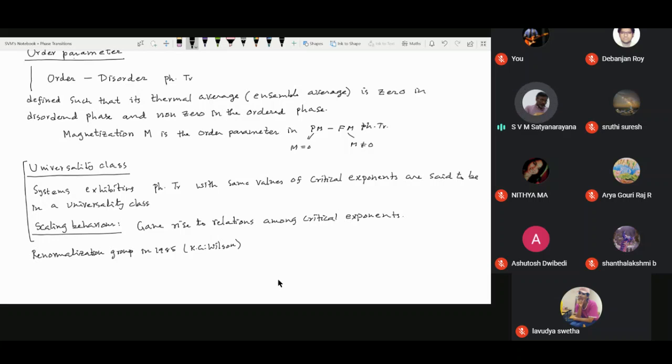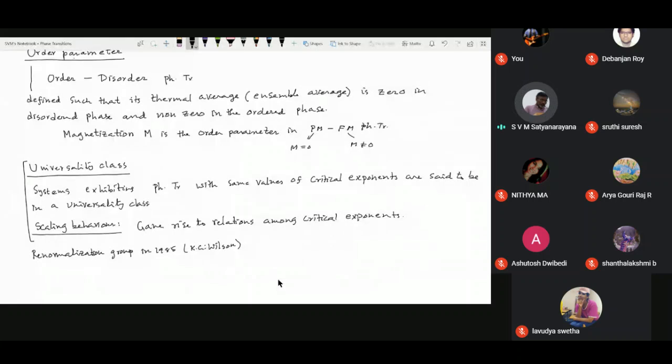So what renormalization group analysis does is provide a scheme where you can go from smaller scales to progressively higher and higher scales by appropriately scaling your Hamiltonian, and you define an iterative map such that this scaling can be systematically carried out.